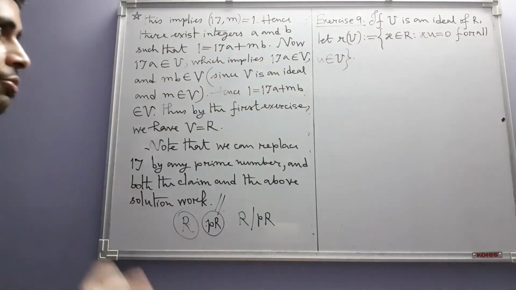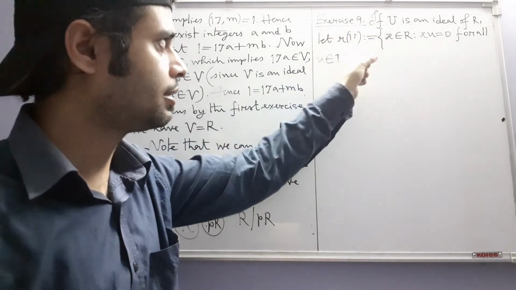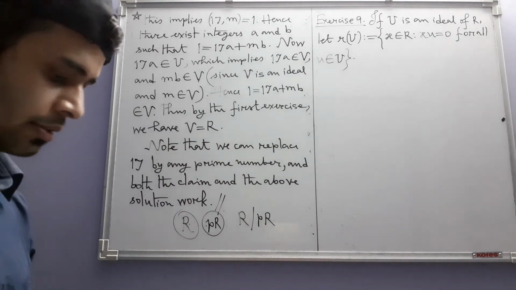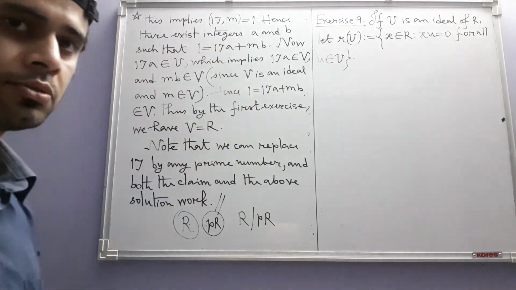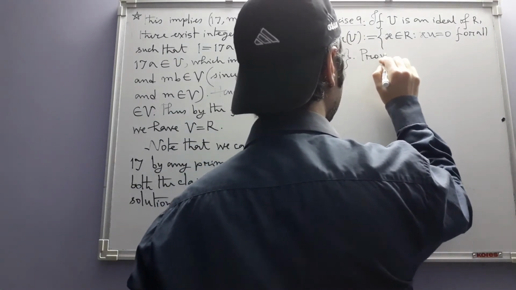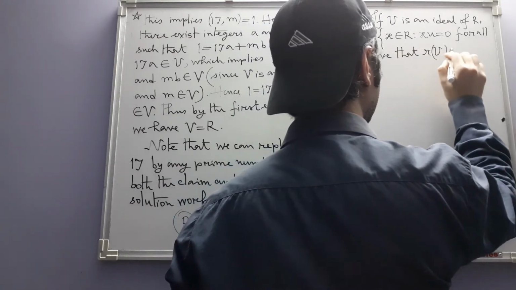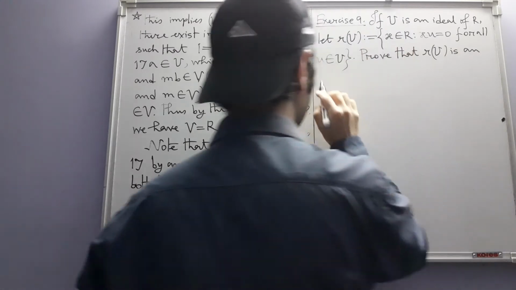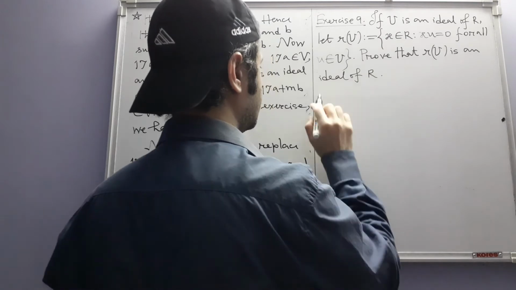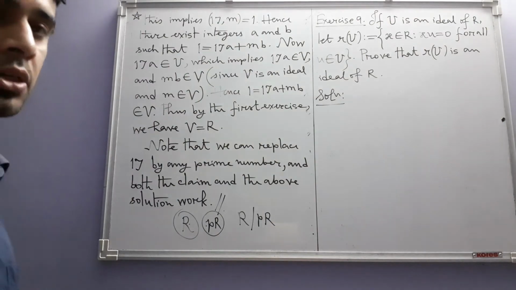Okay, so we are given an ideal U in a ring R, and using that ideal we have defined a set in the ring. Now naturally we will be asked to prove that RU is an ideal of R. So we follow the standard procedure.